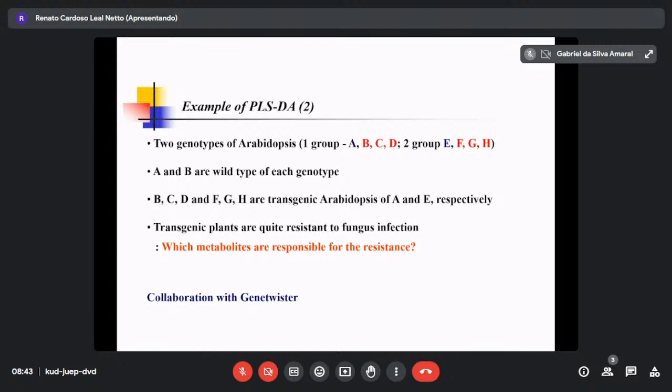Without any consideration, she will separate man and woman. But if I'm interested in nationality, I have to give some information to the data set. So please divide Brazilian, Korean, Japanese, American. You understand? So that's the power of PLS.